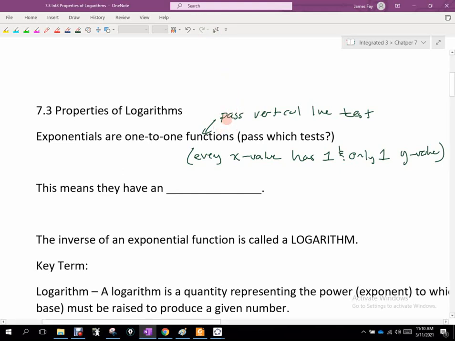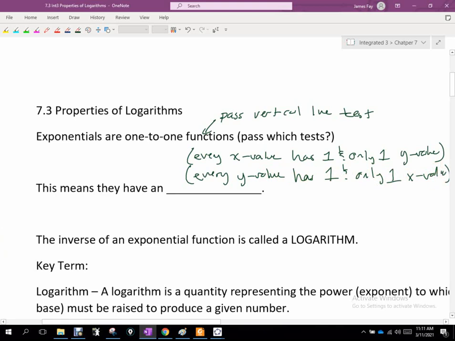So functions are objects that pass the vertical line test. In order to be a function that has an inverse, it also has to pass the horizontal line test, which says every y value has one and only one x value.